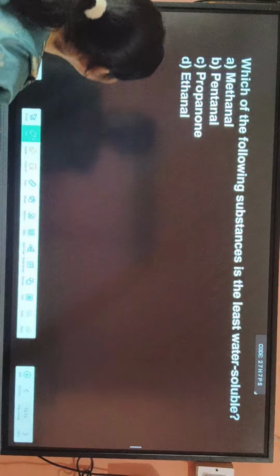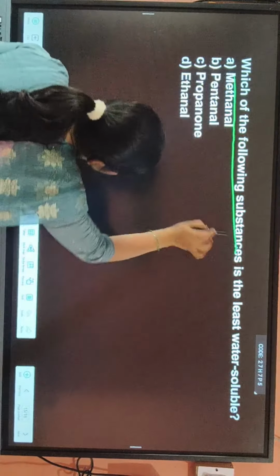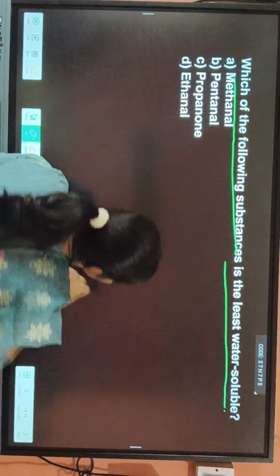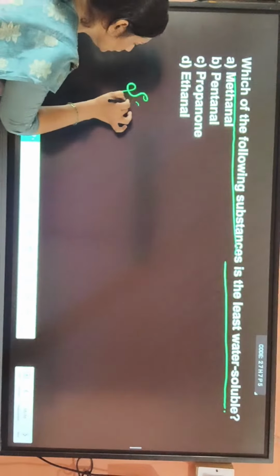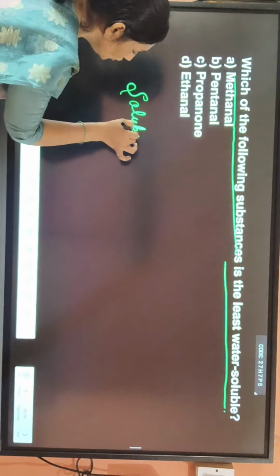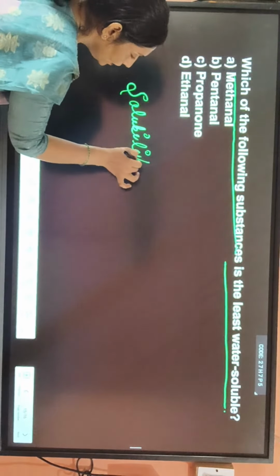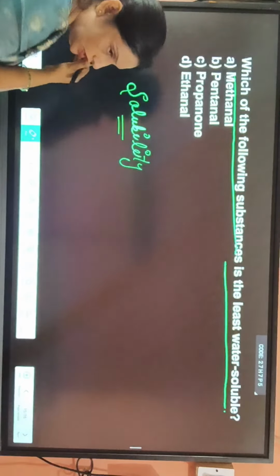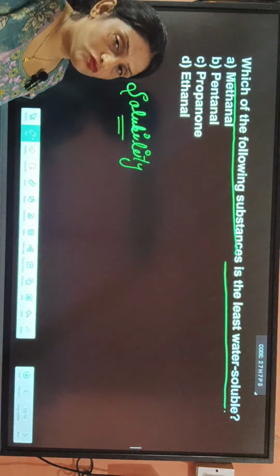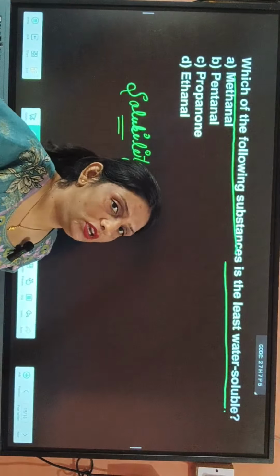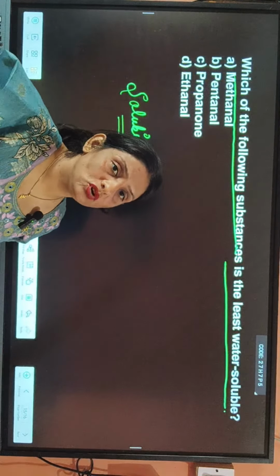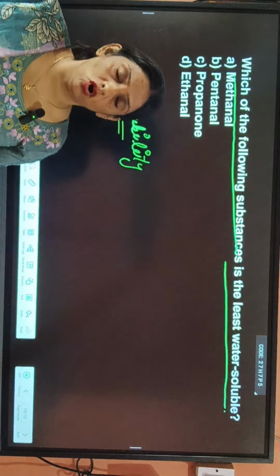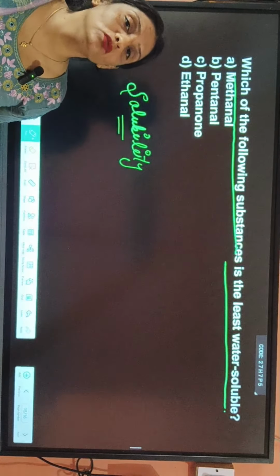Then students, which of following substance is least water soluble? Least water soluble. Students, solubility in water depending on two things. One thing which is polar, because water is polar and like dissolve in like. So polar will dissolve in polar. So water can dissolve polar compounds in it.